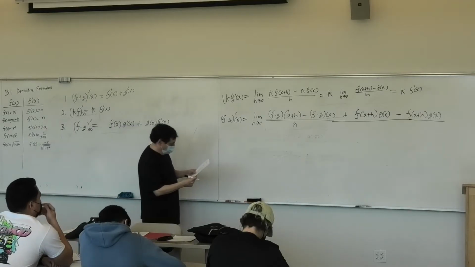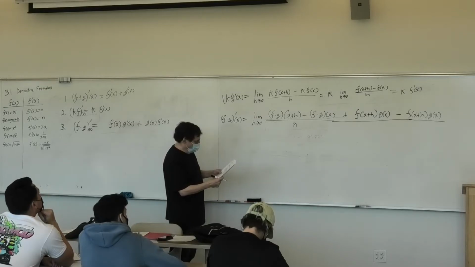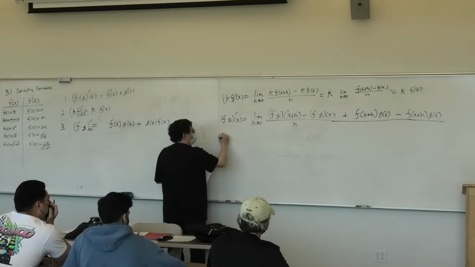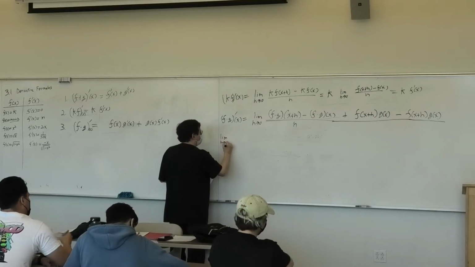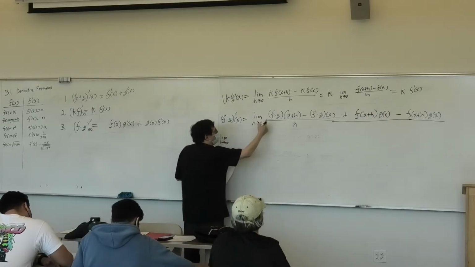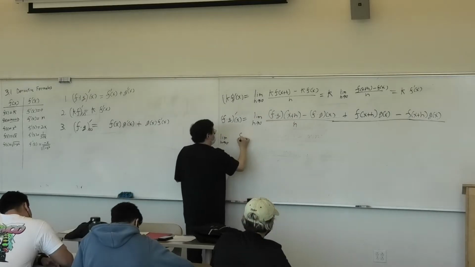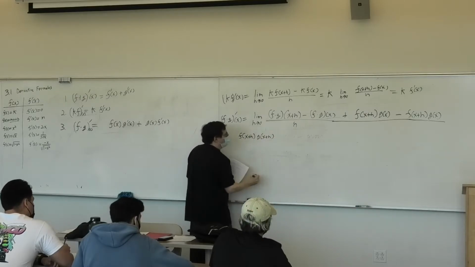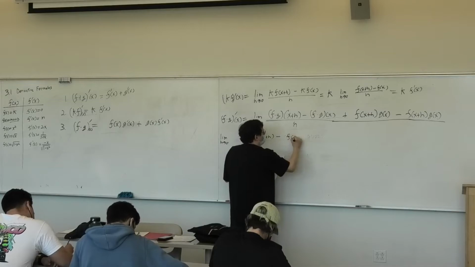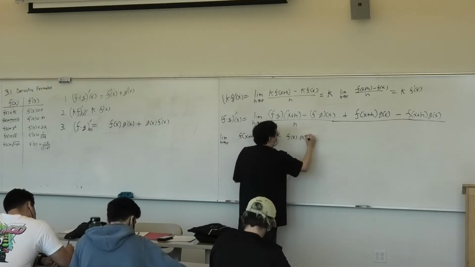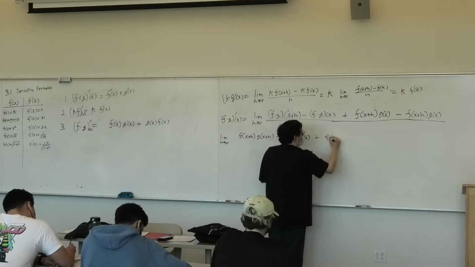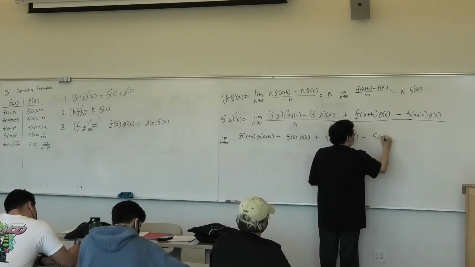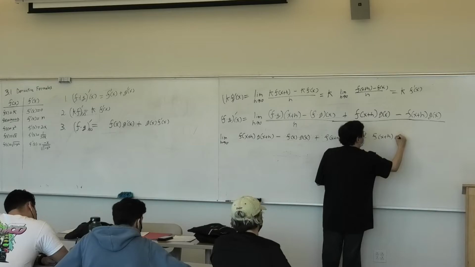I guess I'm gonna have to rewrite this a little here before I move forward. This is f of x plus h times g of x plus h, that's just notation, minus f of x times g of x plus f of x plus h times g of x minus f of x plus h times g of x.